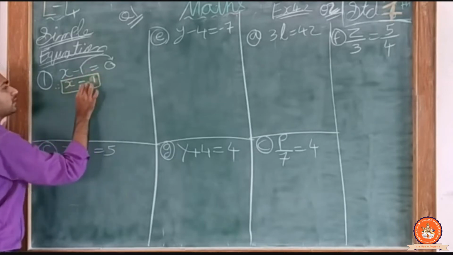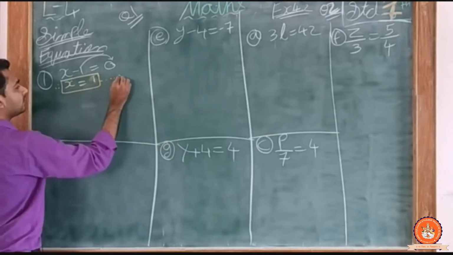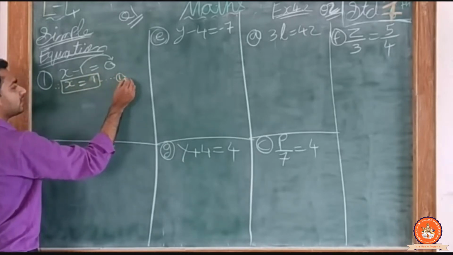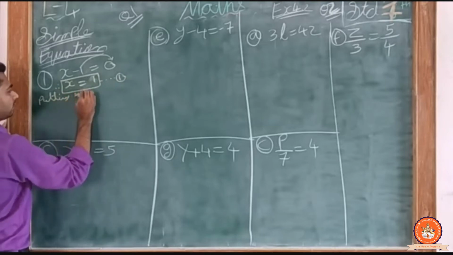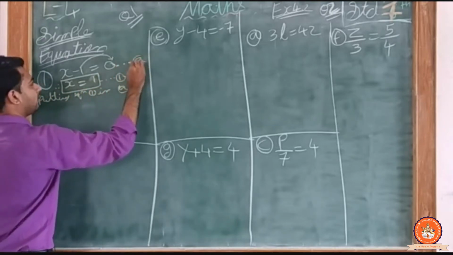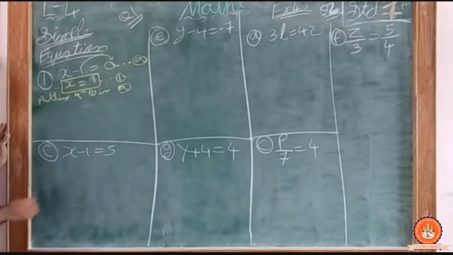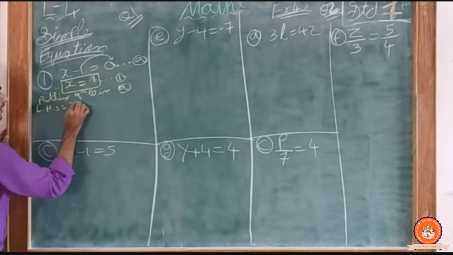If you want to write plus 1 you can write plus 1 or else you can write 1 only. Now putting this value of x in equation A, this is my A. Okay, so now I will verify. So LHS is equal to x minus 1.